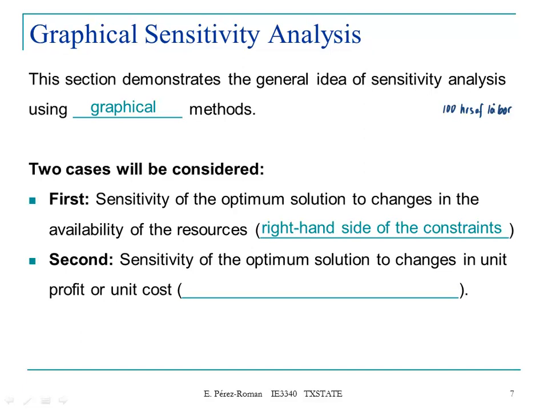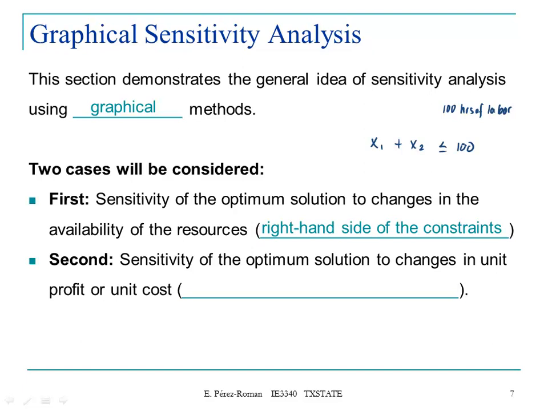Most of the time, if you want to use those 100 hours, that's listed as the right-hand side of your constraint. So you want to decide how many of each product to produce, and you have a limitation in terms of your hours of labor. So when I say right-hand side of the constraint, that's what I'm talking about, this side of the constraint, and that usually limits the capacity that you have in your resources. Okay, so we're going to perform a sensitivity analysis on that right-hand side of the constraint.